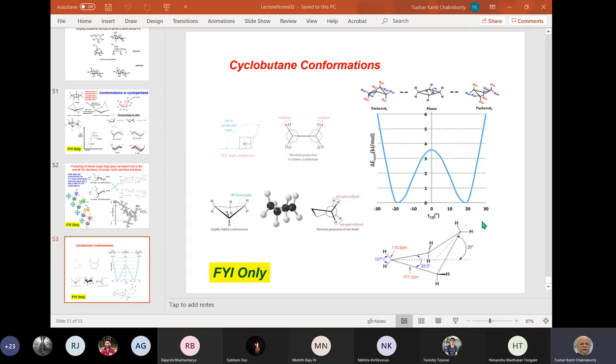From there you can find the enantiomeric excess. Suppose you have 80% of the R isomer and 20% of the S, the enantiomeric excess will be 60%. So these are the things we have learned.